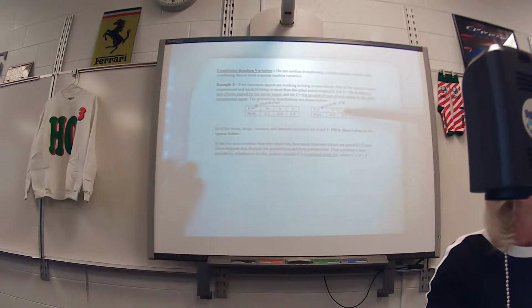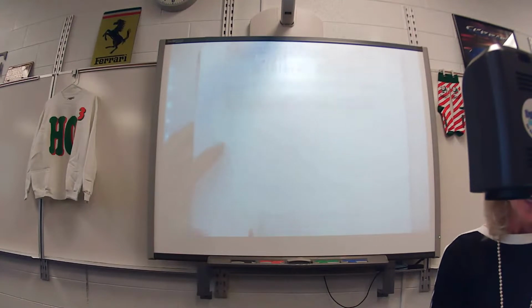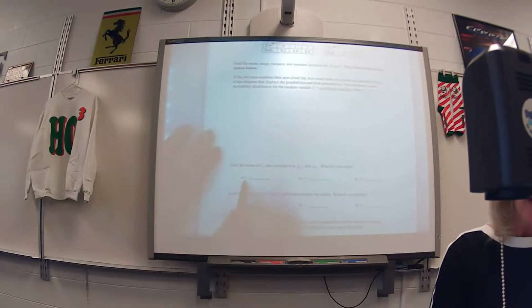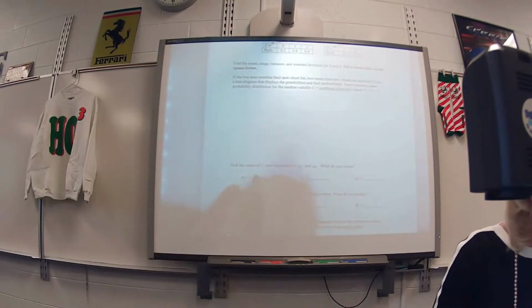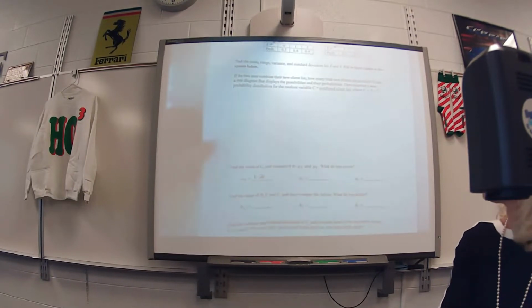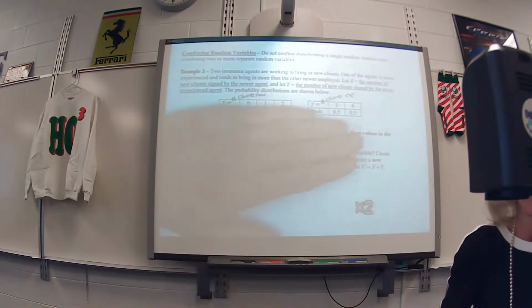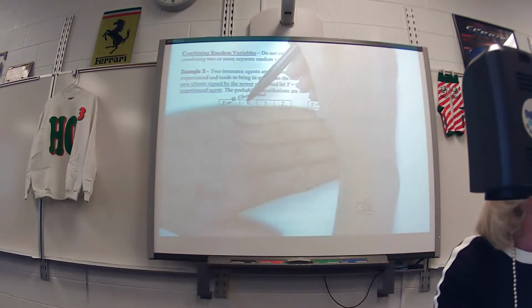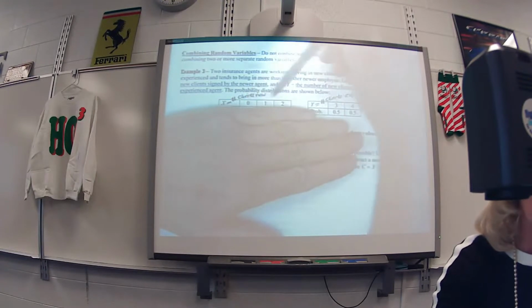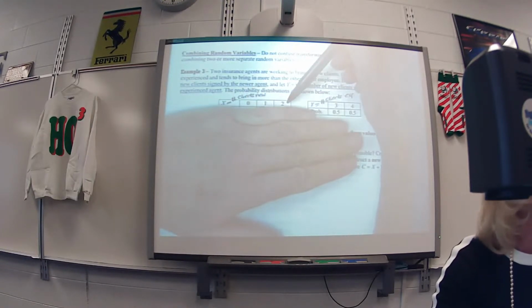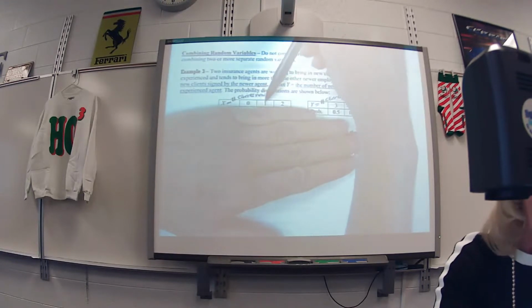Now this one should be pretty easy for the mean of Y. It's going to be 3.5 because it's dead center with equal probabilities, okay? The mean of X comes out to be 1.2, which by the way, if I covered up the probabilities and I just said the new employee brings in anywhere from 0 to 2 new clients, what number is smack dab in between 0 and 2? 1.